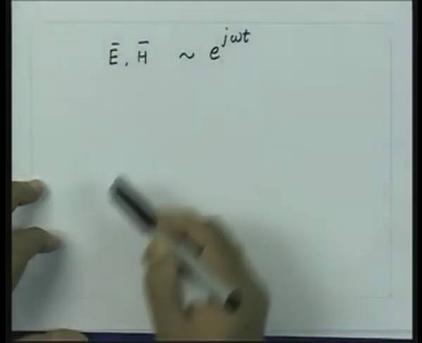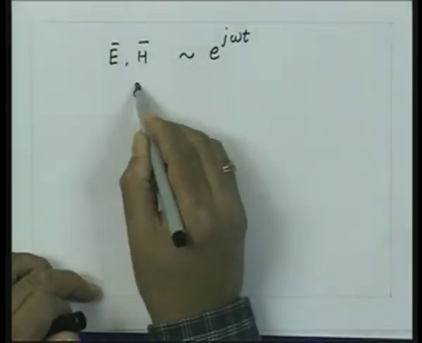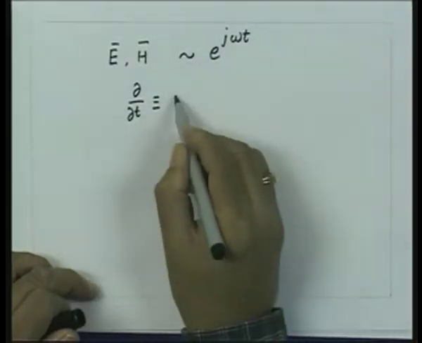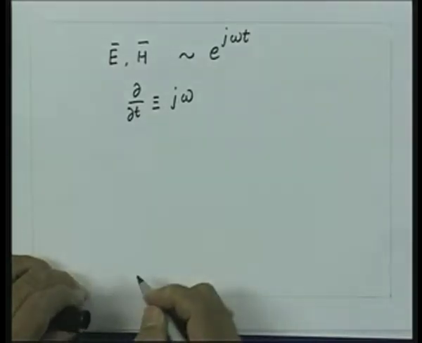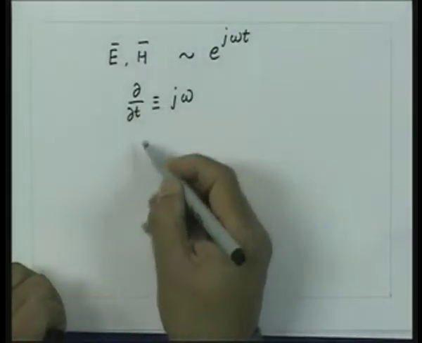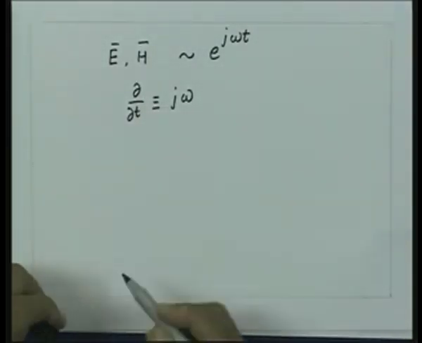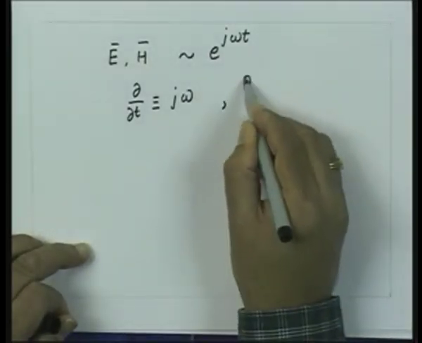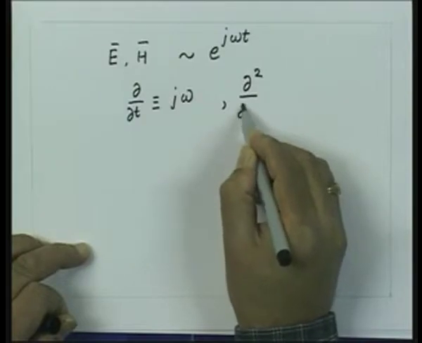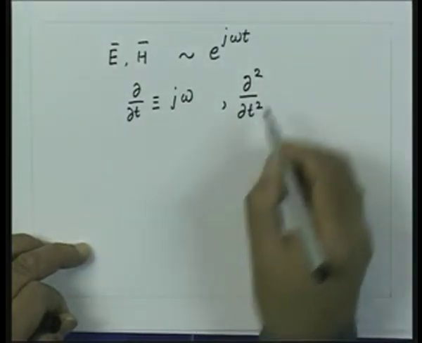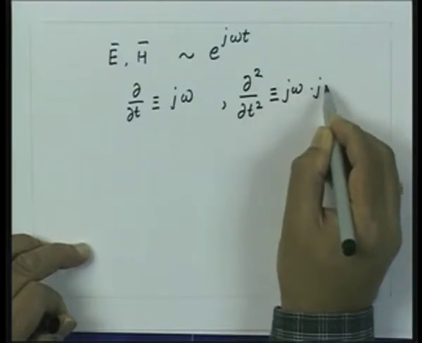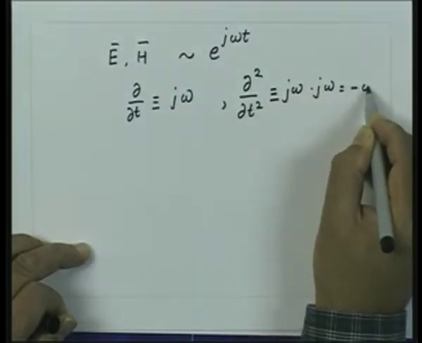So any time derivative which we have in these equations, d by dt, can be replaced by j omega. So a time derivative is equivalent to multiplying that quantity by j omega, and the second derivative d2 by dt square is equivalent to j omega multiplied by j omega, that is equal to minus omega square.